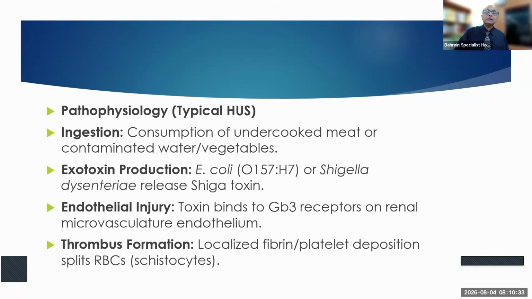Pathophysiology: once undercooked meat or contaminated water or vegetables are consumed, E. coli O157:H7 or Shigella dysenteriae releases Shiga toxin, which binds to the Gb3 receptor on renal microvasculature endothelium, forming thrombi with platelet deposition.